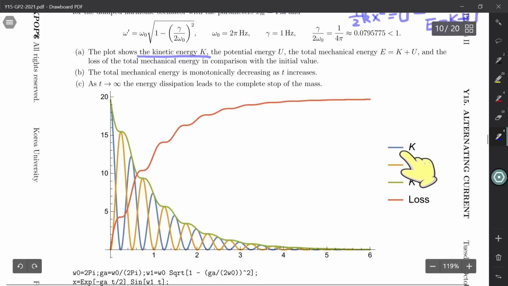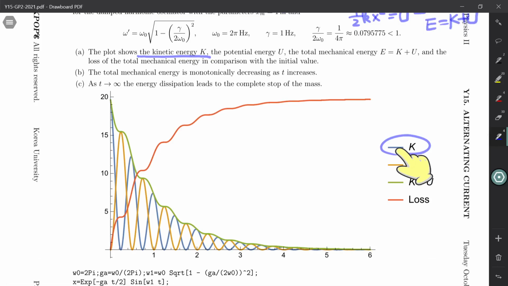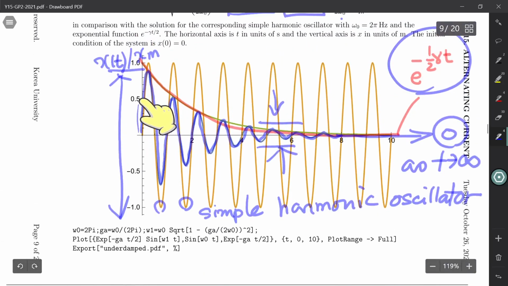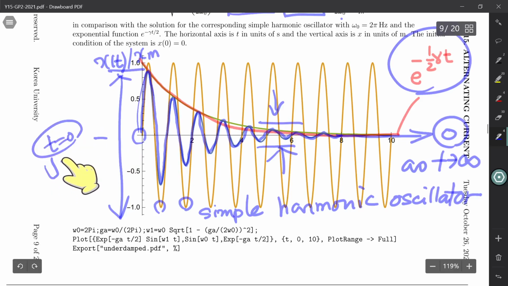Here, the blue color is the kinetic energy of the particle. As you already have seen, xm is like that. So velocity is maximum at the starting point, t equals 0. Potential energy is U equals 0 because x0 equals 0, and kinetic energy is a maximum at t equals 0.